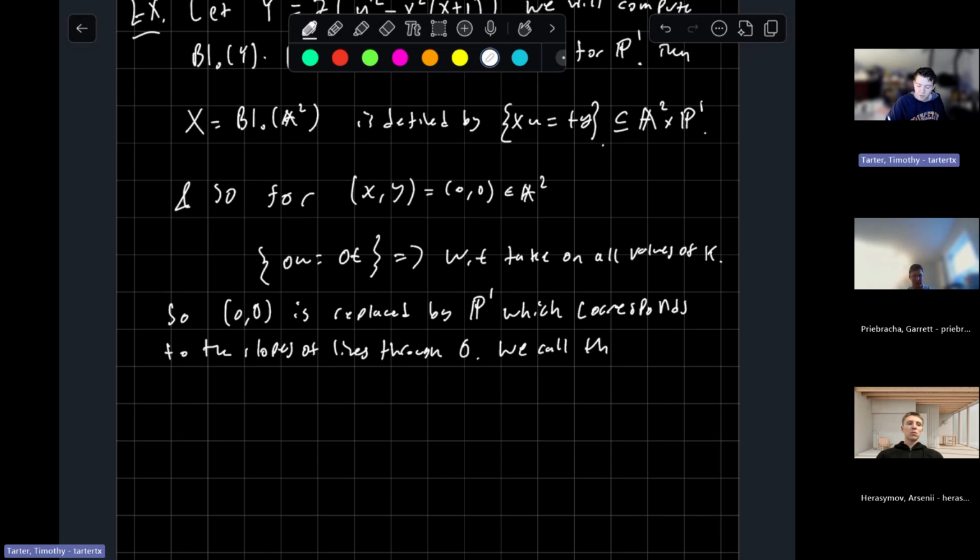We call this P1 the exceptional curve E.